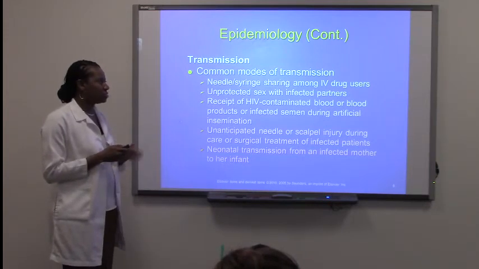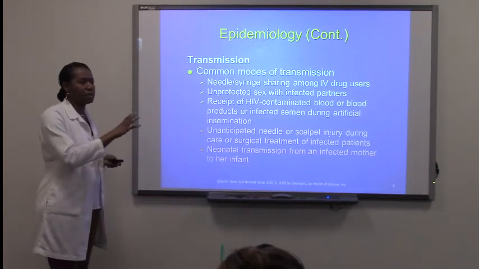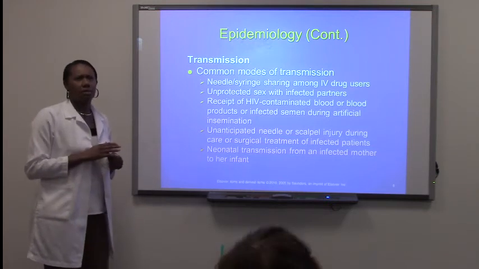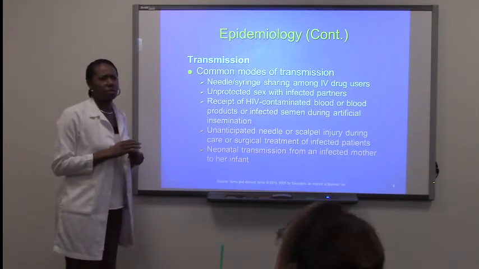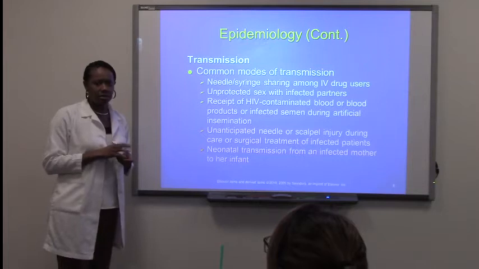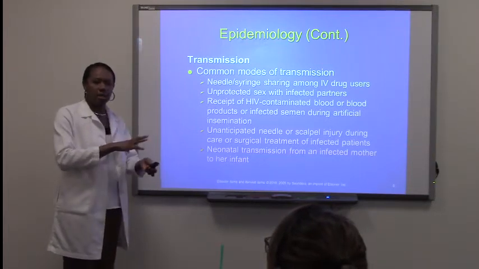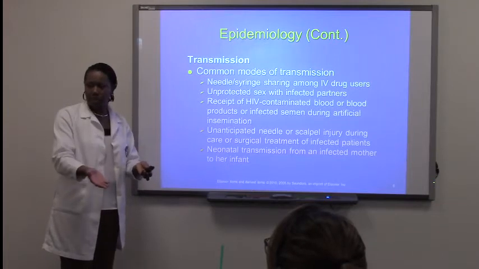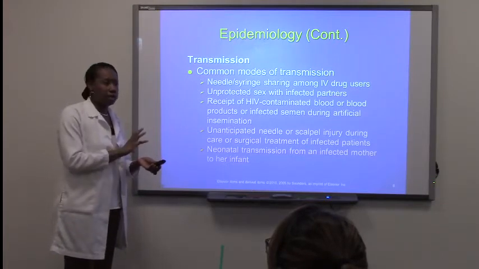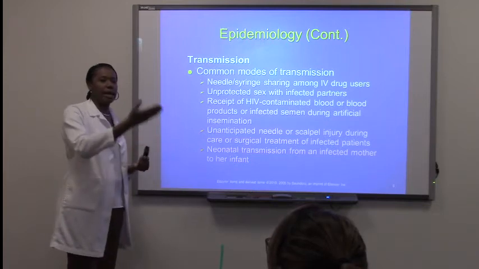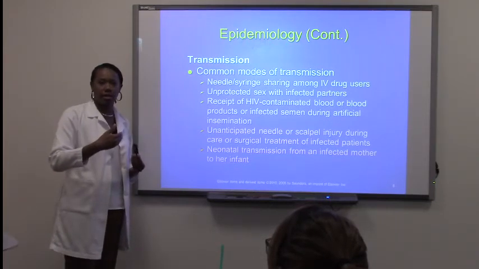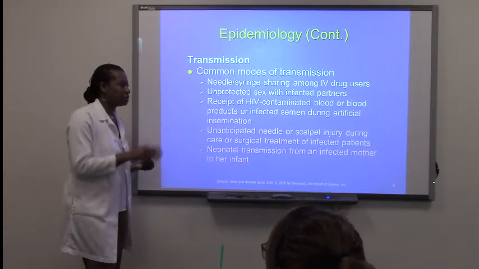Most of this stuff you guys know already. Recipients of HIV-contaminated blood: I believe it was before the 80s, somewhere around 78, that they were not testing the blood that people gave in blood banks for HIV. So any individuals who received blood prior to that year have to be continuously tested.